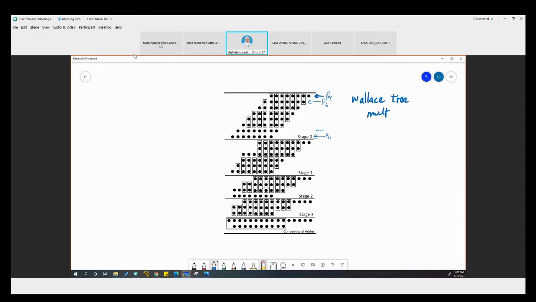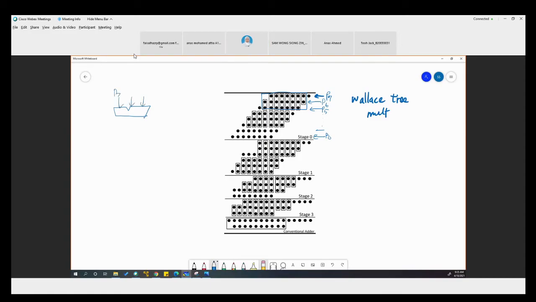What the multiplier did is they took these bits from P7, P6, and P5 and put them in the carry save adder.